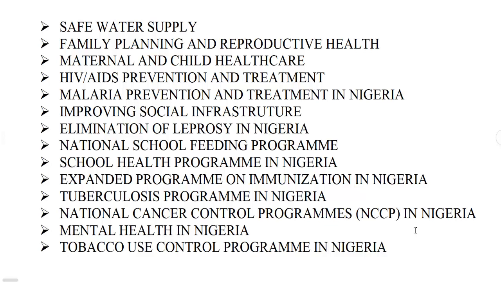And among these programs include safe water supply, family planning and reproductive health, maternal and child health care, prevention of HIV/AIDS, malaria prevention and treatment in Nigeria. Government also do everything possible to improve on social infrastructure.